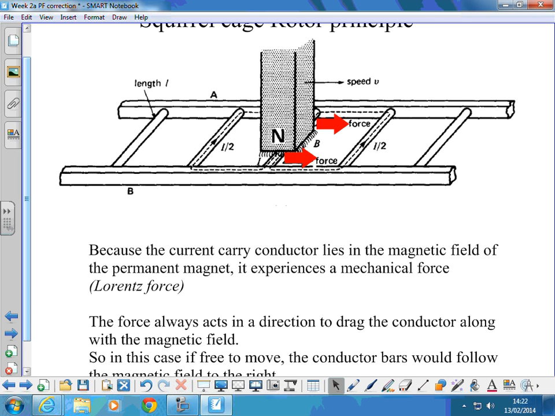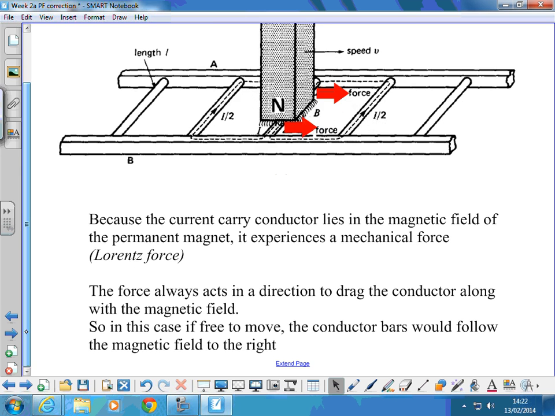It's going to try and drag the whole bar of conductors in the same direction. So in this case, if free to move, the conductor bars would follow the magnetic field to the right. Okay? Everyone happy with that?